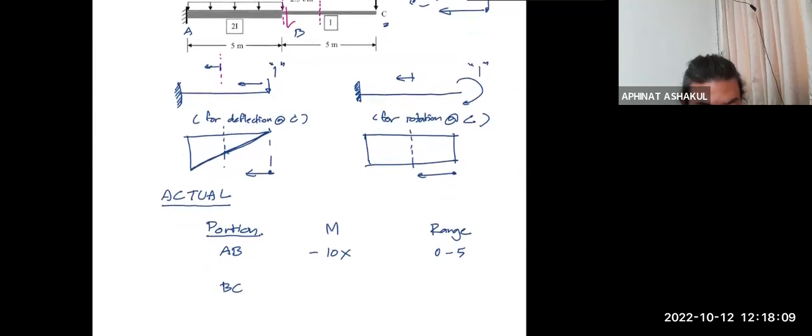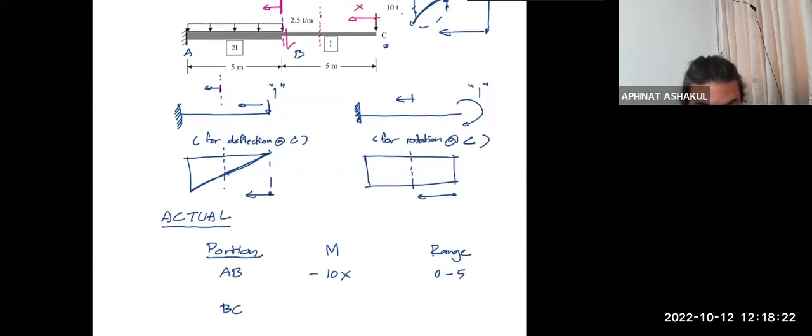And now let's say I love to stick with my origin. So if I don't change my x, I use my x from C. Right here, I still have my minus 10x as a moment, right?